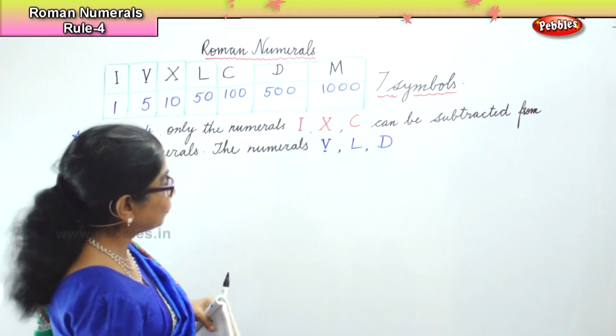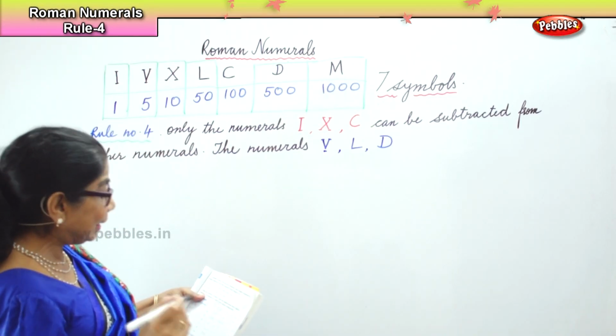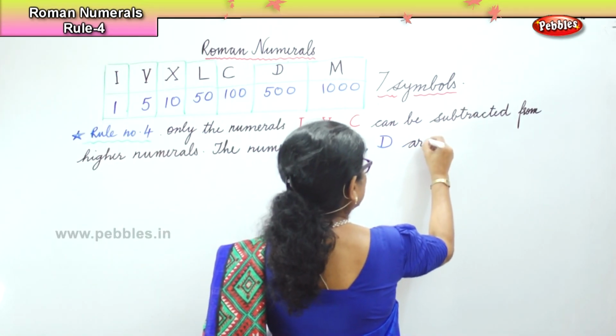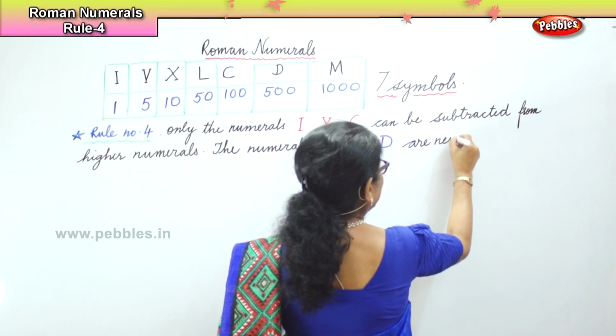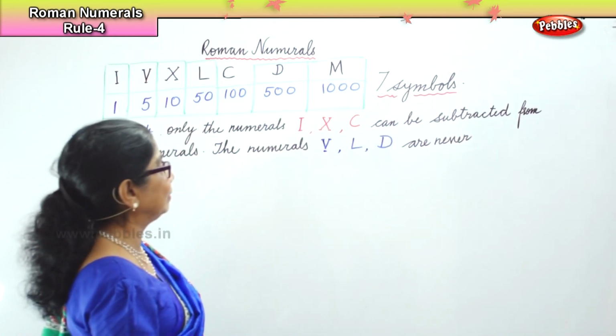The numerals 5, 50 and 500 are never subtracted.